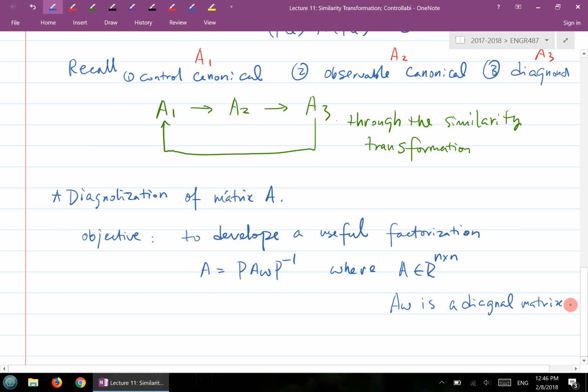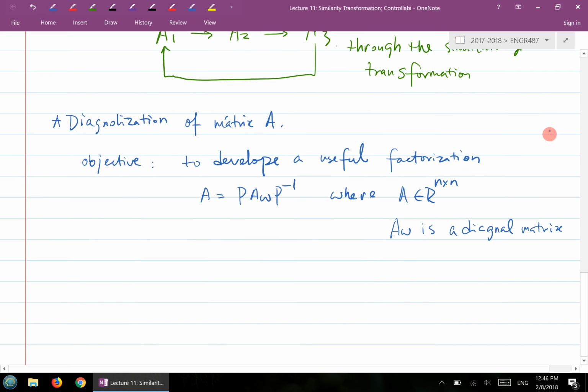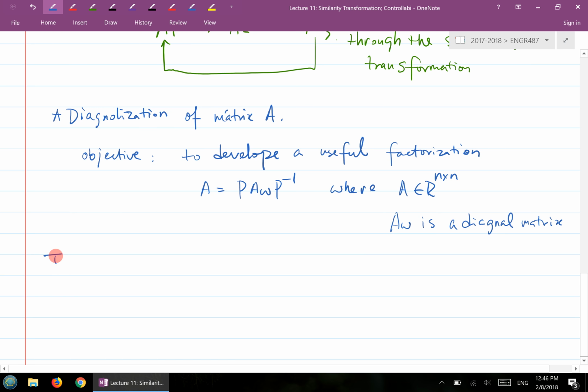I'll give you essentially three different theorems as a guideline for how matrix A can be diagonalized. Let's start with the first theorem. This is more like a pure linear algebra type of concept.